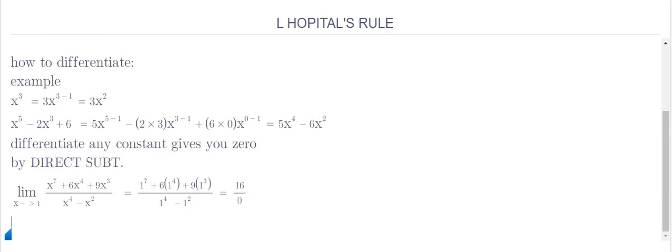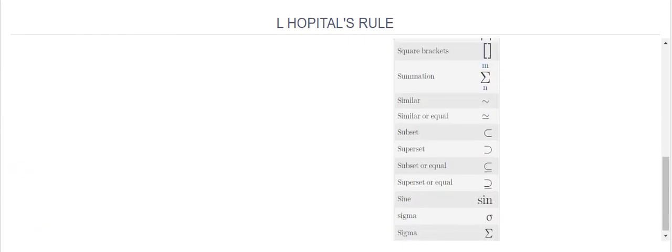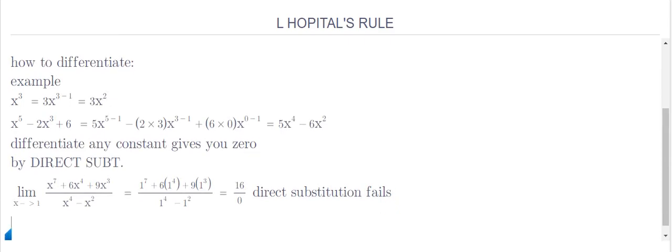So direct substitution fails. So let me write here, direct substitution fails. So we use another method. The next method that we can use is using L'Hopital's.